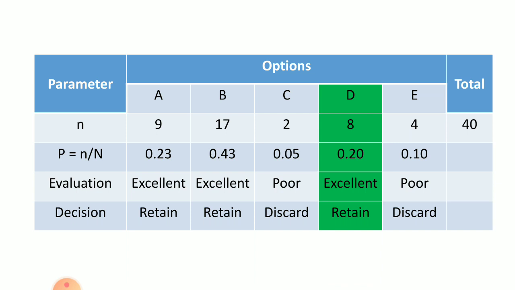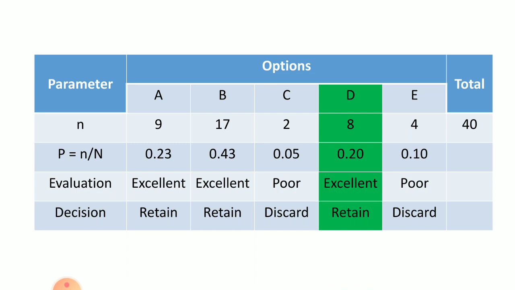For option C, that is 2 divided by 40, which is equal to 0.05. Then for the correct answer, which is option D, that is 8 divided by 40, which is equal to 0.20. And for option E, 4 divided by 40, which is equal to 0.10.